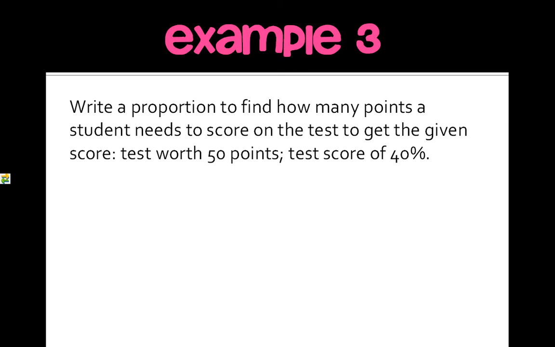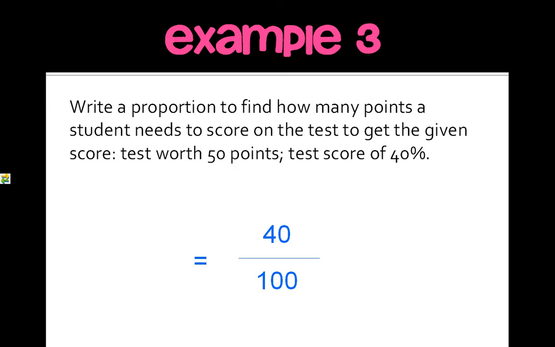So the way I'm setting my problem up is going to be the way I would set up a percent proportion. So I'm going to start with my 40%. I know that a percent written as a fraction is always over 100. So that'll be 40 over 100. That's how you write 40%.